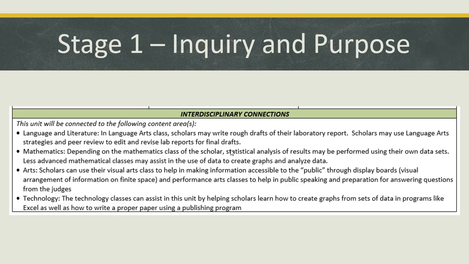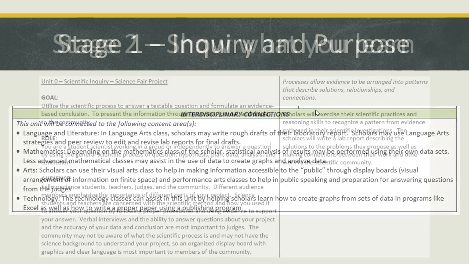Depending on the skills of the scholar, they could run statistical analyses of their results, or they could just use their mathematics classes to help them in the creation of graphs and in analyzing data. In the arts, scholars can use their visual arts class to help make their information accessible to the public, which would be the production of a display board. And then also through performance classes, they could practice their speech and preparation for answering questions from the judges.